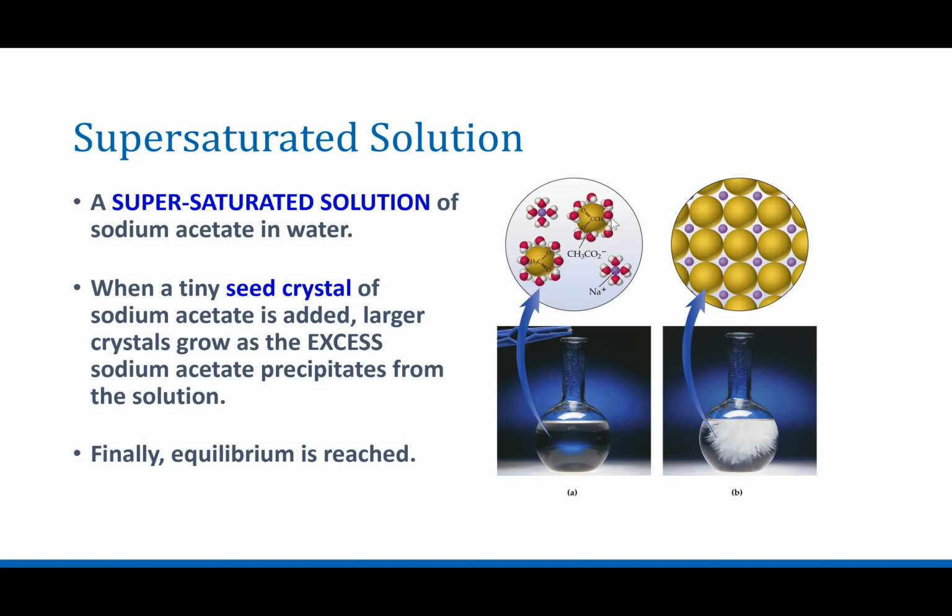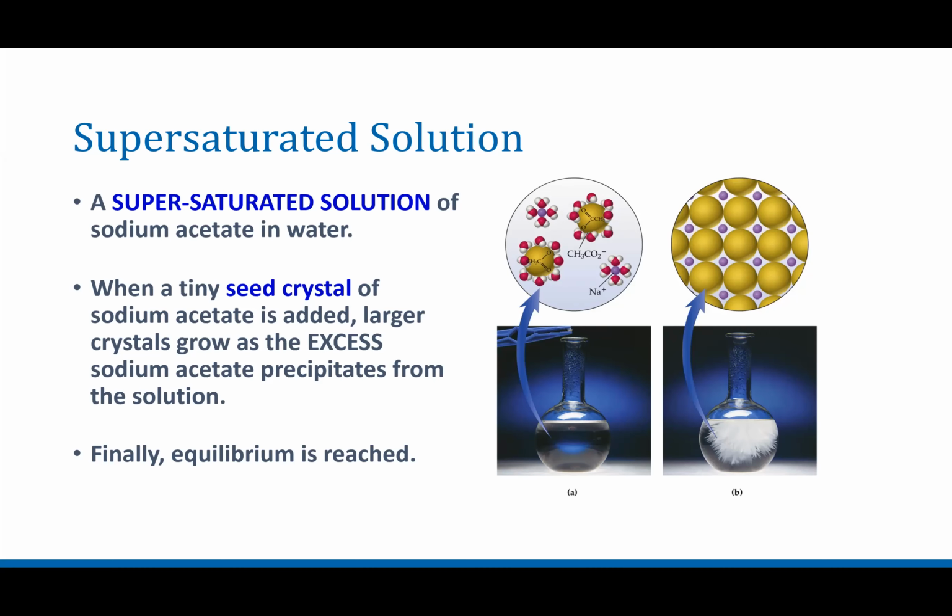Okay. So a supersaturated solution. A really interesting thing happens with a supersaturated solution when you add extra solute, and it's called a seed crystal. I'm going to explain this with a video in a minute, so it will make sense. If you have a supersaturated solution and you add what's called a seed crystal, it means extra solute.